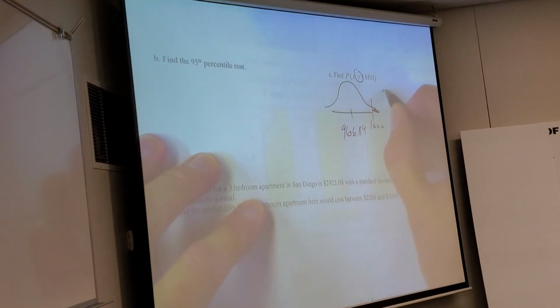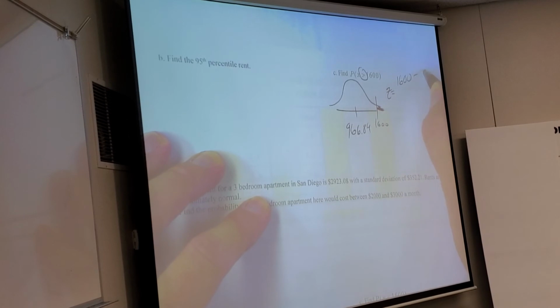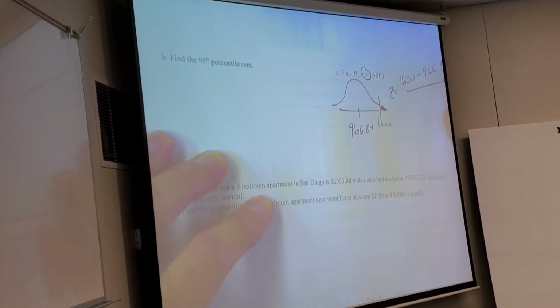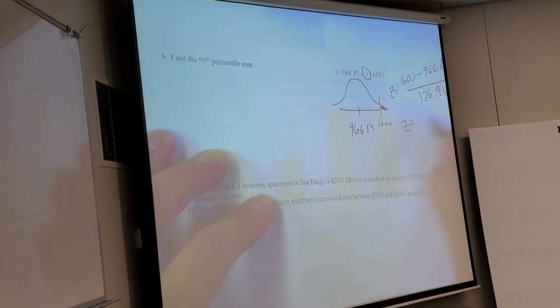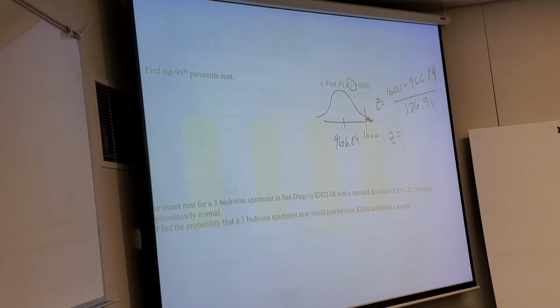So if I make this into a z-score, my point that I'm curious about, minus the mean, divided by the spread, you should get something that might freak you out at first. 4.62.